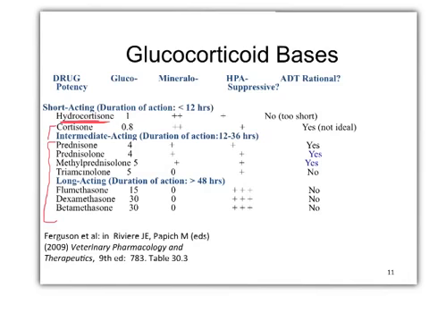One of the things that we compare these on is glucocorticoid potency and their tendency for sodium retention, or mineralocorticoid potency. The duration of action is also shown here: short-acting, intermediate-acting, and long-acting.